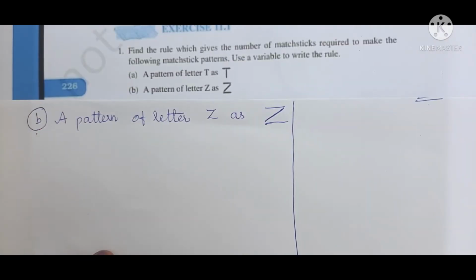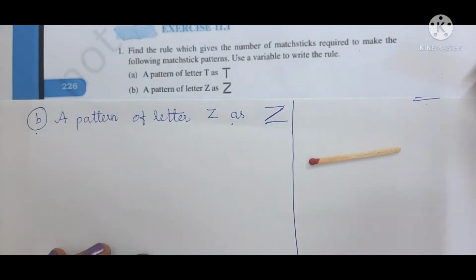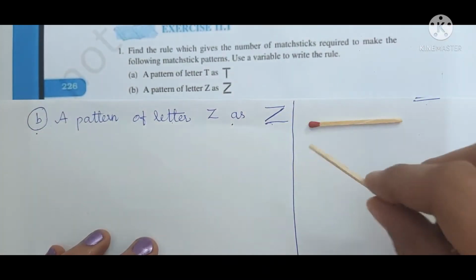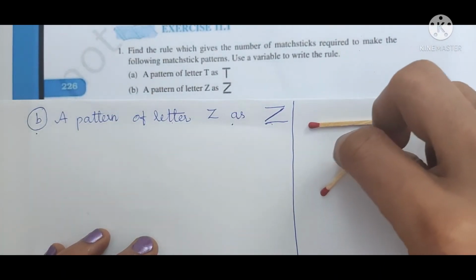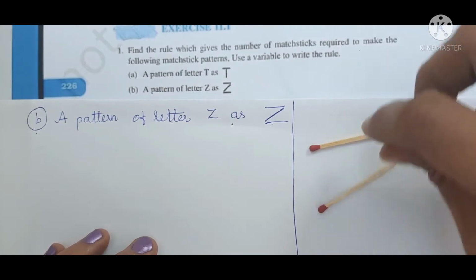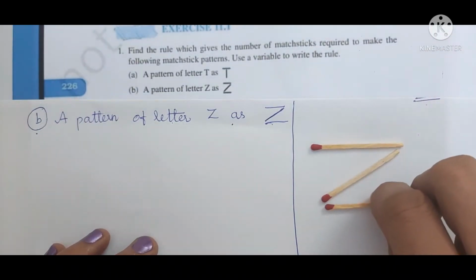Coming to the B part, the question is a pattern of letter Z. So here we have to make the Z letter. How many matchsticks we need for making a Z letter? So we can check. So we have to make the Z letter.